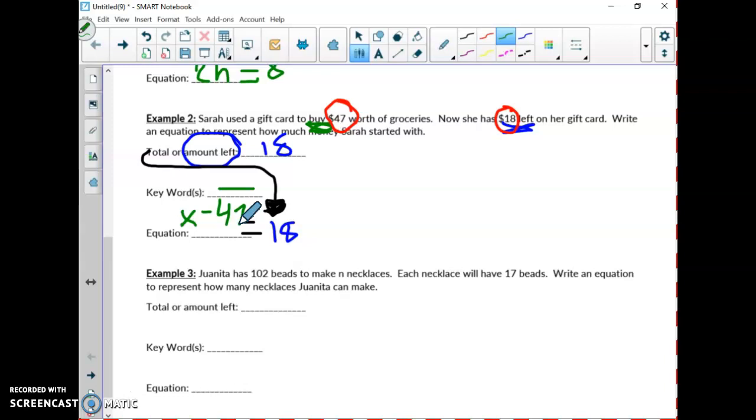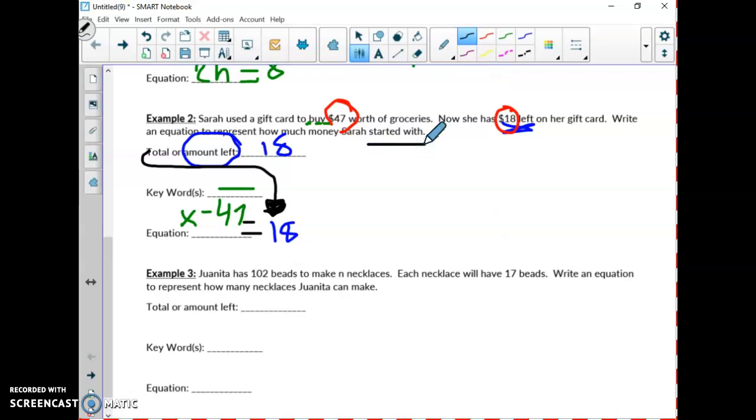Now, the x, something that you should be aware of is trying to figure out what does your x represent? What does our x represent in this problem? What is our variable? Well, if you look at the last sentence, it says write an equation to represent how much money Sarah started with. And that's what our x represents. It basically represents what did we start with?